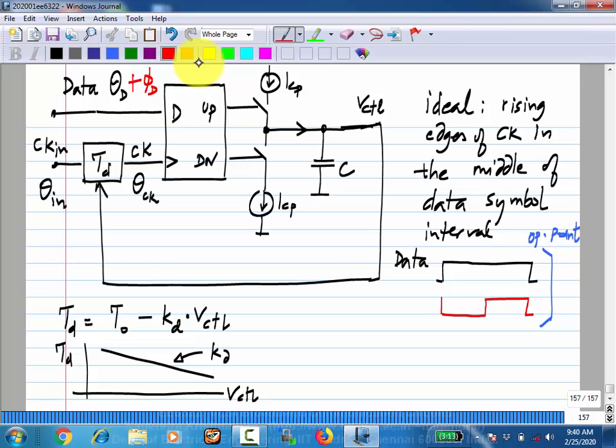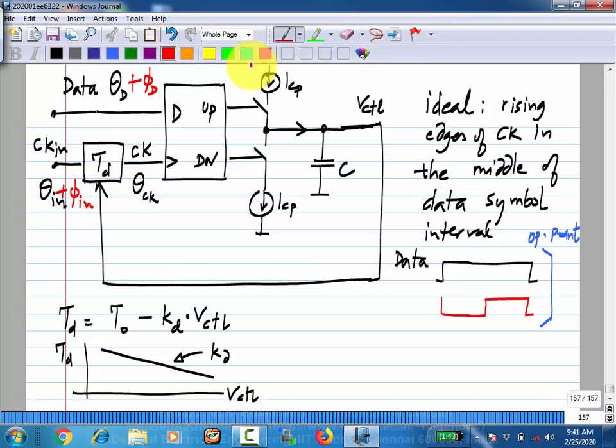Alternatively, the clock that is coming in could have some deviations; it's not quite periodic, so the clock edges can have that. Is this okay? So now what do you expect when either of these things happens, maybe both or maybe either one of them?